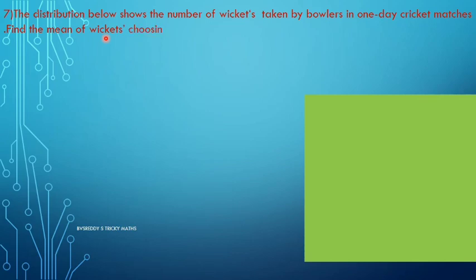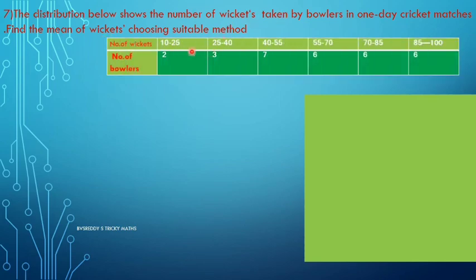Recall the formula of mean in the step deviation method: A plus sigma fi ui by sigma fi, into h. They have also given a table: number of wickets 10 to 25, 2; 25 to 40, 3; 40 to 55, 7; 55 to 70, 6; 70 to 85, 6; 85 to 100, 6.